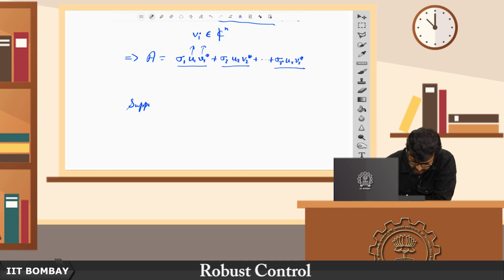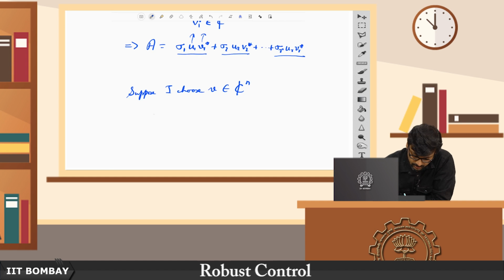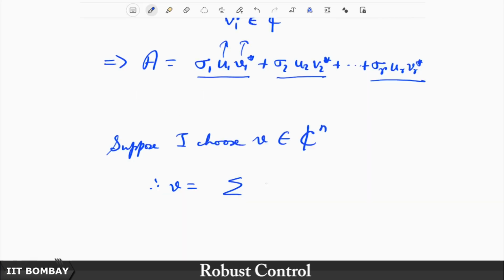Well, of course not. Now, think of this. Suppose I choose V in Cn, which is basically the domain of the matrix A. Therefore, V can be written as summation, let us say, Ci Vi, i ranging from 1 through n.